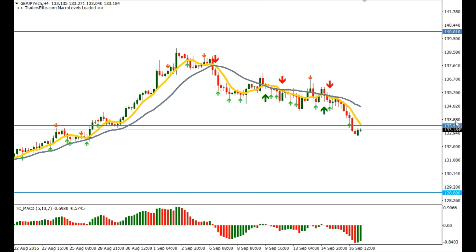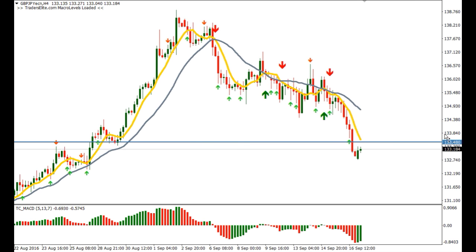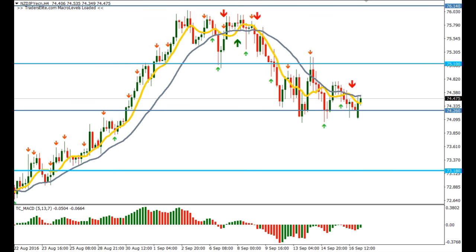With macro levels, I like to have a target placed midway between the macro levels, and then a target in this case just prior to the macro level. But it'd be one that I would really want to watch closely. Okay, Kiwi yen. The yen crosses are all a little tricky to pick at this moment.